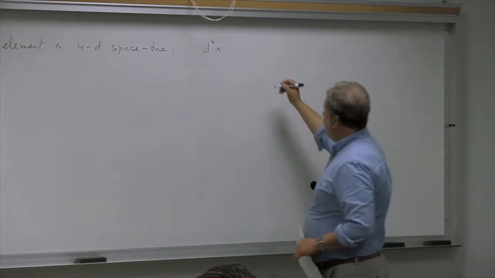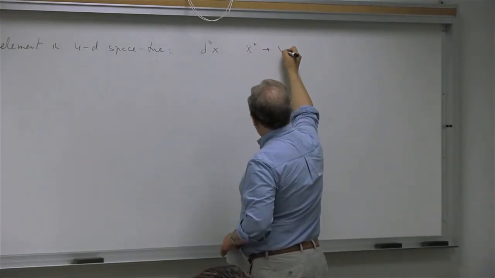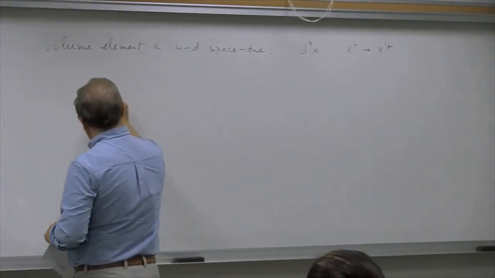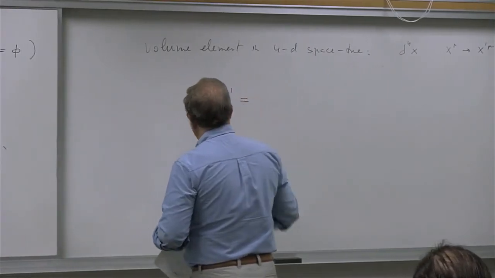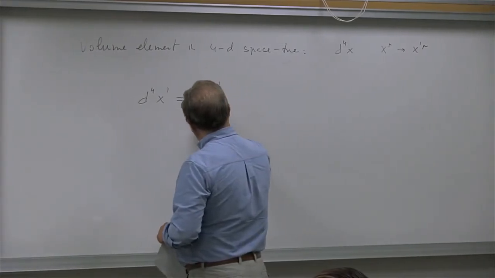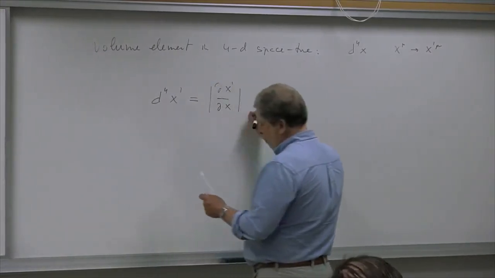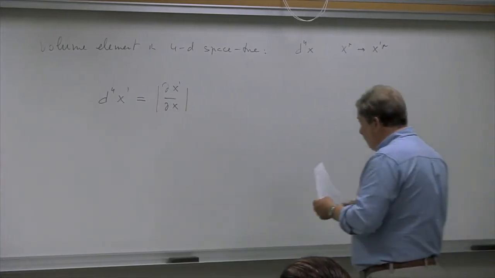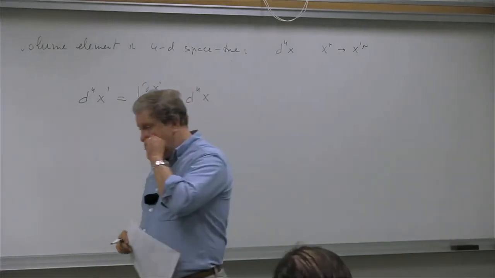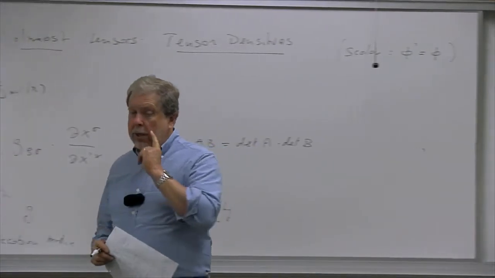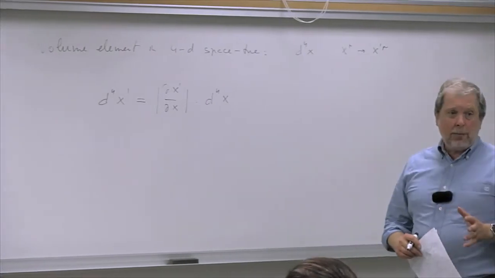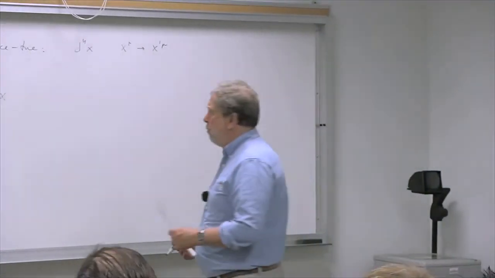But when you do a coordinate change where x mu goes into x prime mu, then this volume element changes, right? So d4x prime is not equal to d4x, but it is equal to dx prime by dx, this Jacobian matrix, right, times d4x. And that is a result of multivariate calculus, right? In multivariable calculus, you remember that when you do a change of variables in whatever dimension you're in, you're going to pick up this Jacobian matrix. The determinant of the Jacobian matrix comes in.